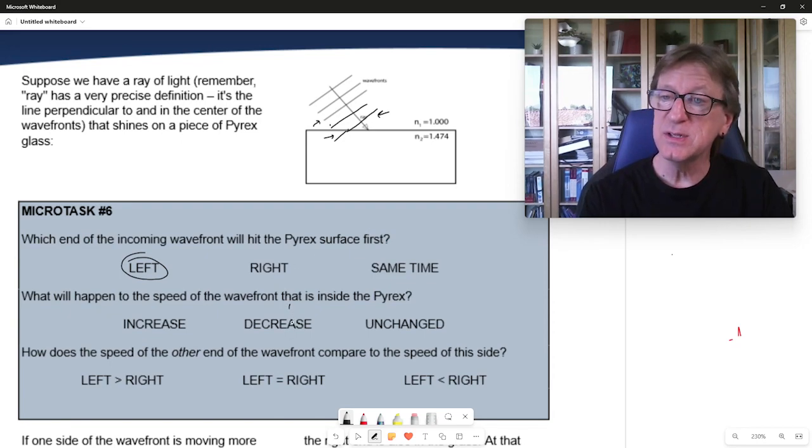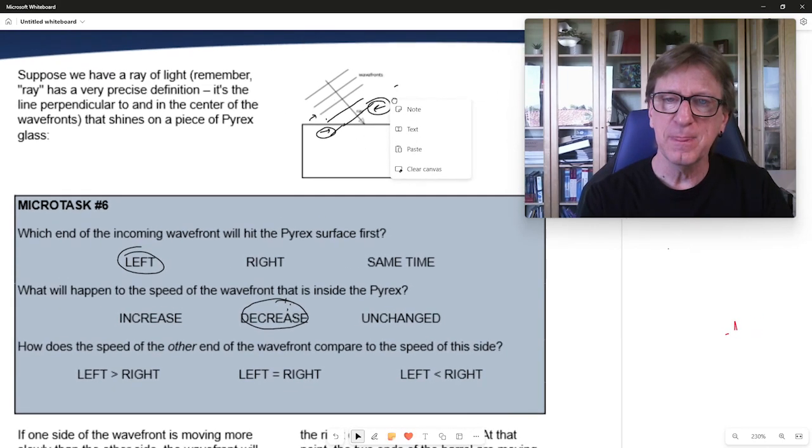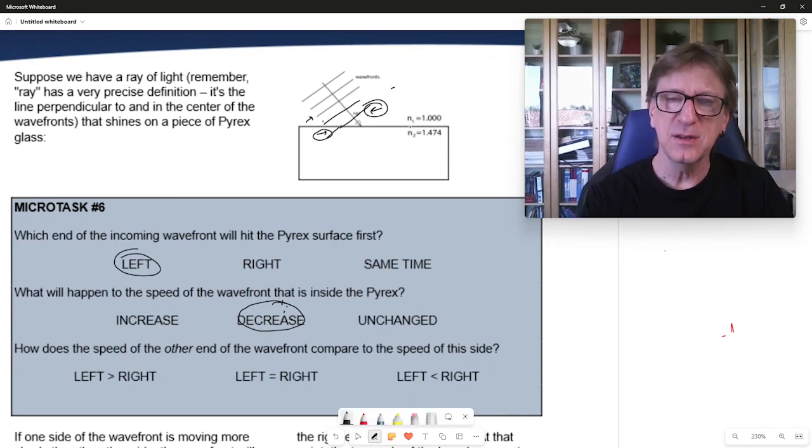Well, the speed of light is going to be slower, right? So that means it has to decrease. So here you've got an interesting situation. This side of the wave is moving slower than this side. How does the speed of the other end, that's this end, compare to the speed of this end?